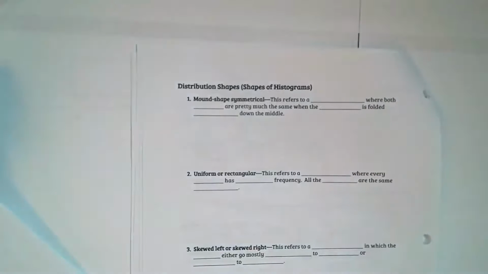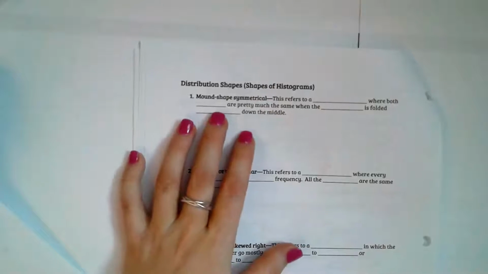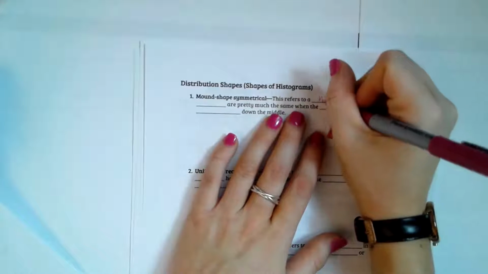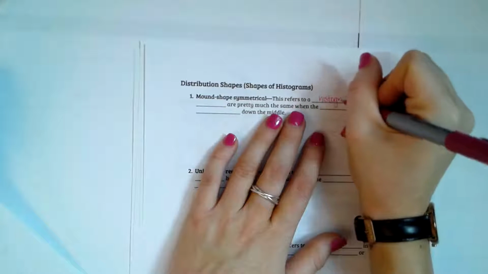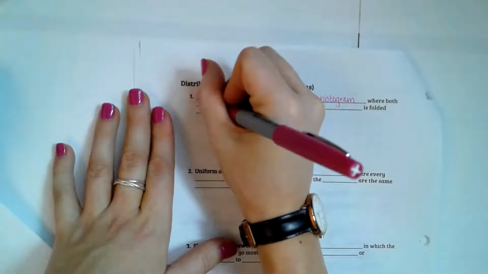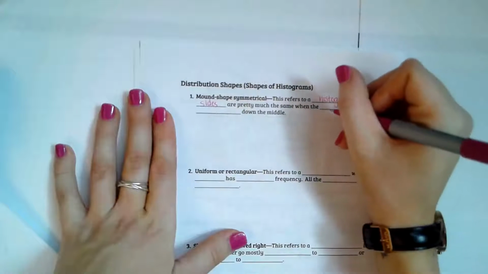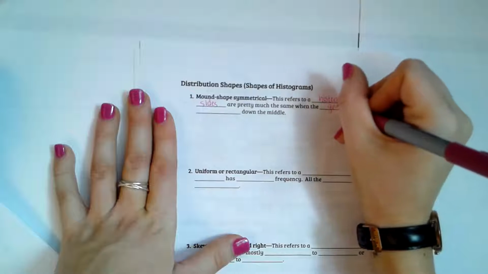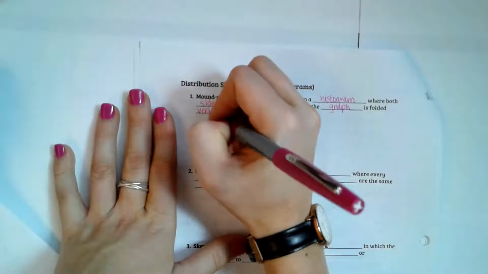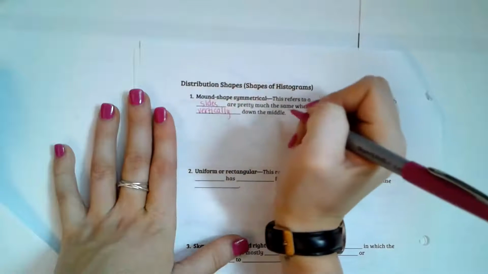So now we're just going to talk about some of these shapes, because you're going to have to say what type of shape it is for your histograms. So a mound shape is when you have a symmetrical histogram, which means that both of your sides are pretty much the same when the graph is folded vertically down the middle.